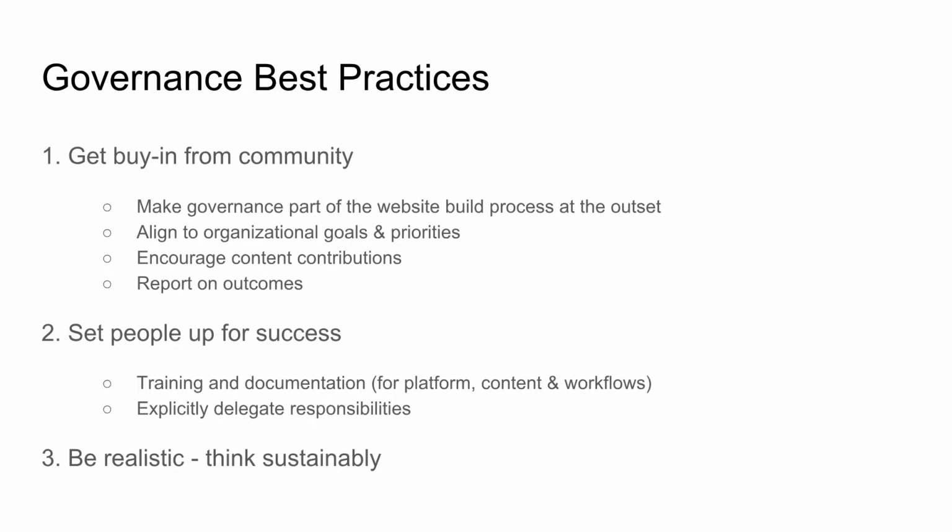Number 2, setting people up for success. So training and documentation, and this goes for the platform itself, whether you're using OpenScholar or a different content management system. And then for the content and your workflows that you've established, it's nice to have some sort of documentation outlining that as well.